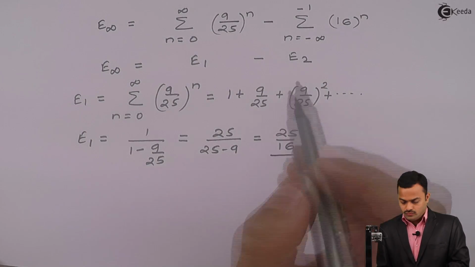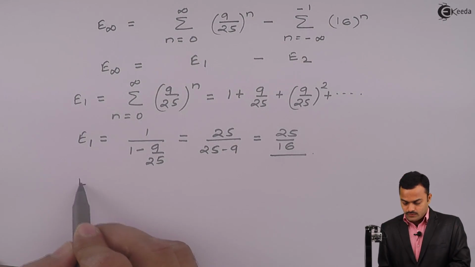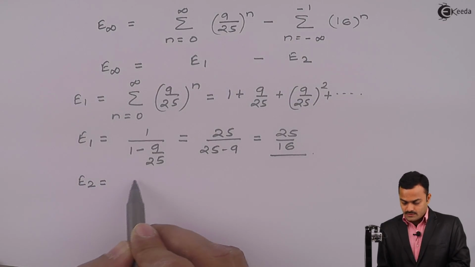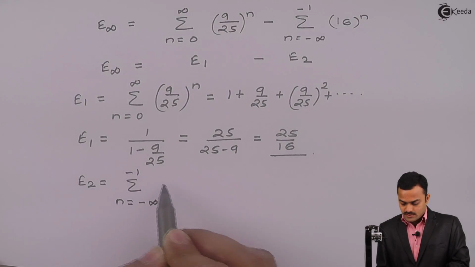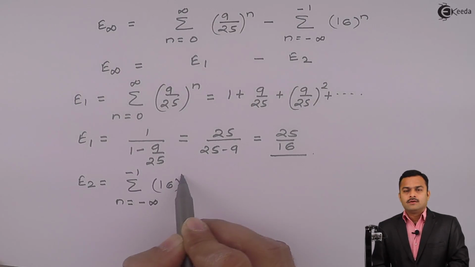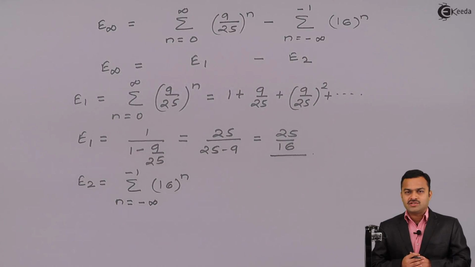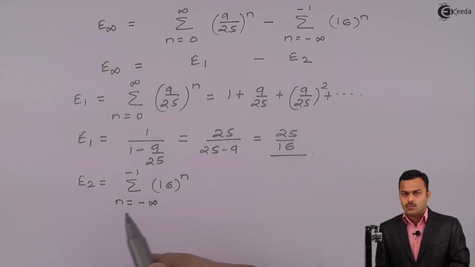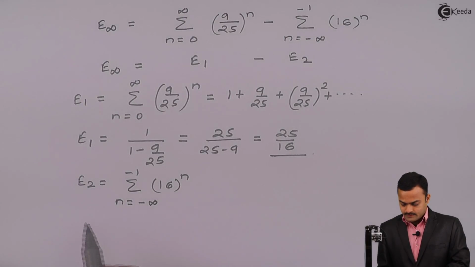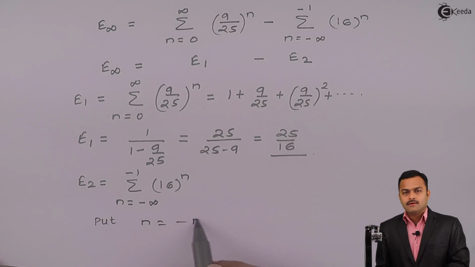Now for energy 2, E2 is summation n from minus infinity to minus 1 of 16 raised to n. Normally we have summation over positive numbers. So we will convert this negative index into a positive one by putting n equal to minus m.